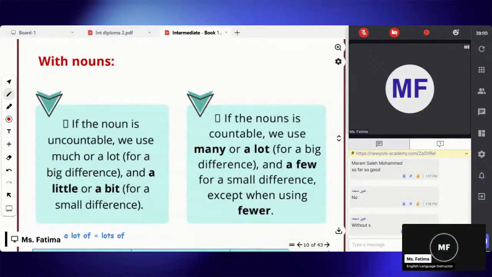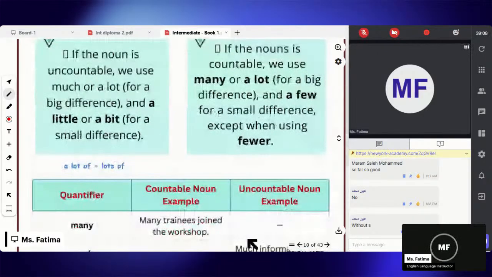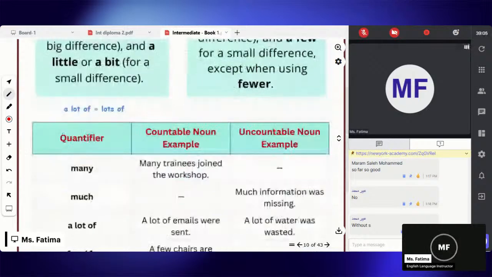And always notice that after of, what type of words do we use? A lot of emails, a lot of people, a lot of shares.